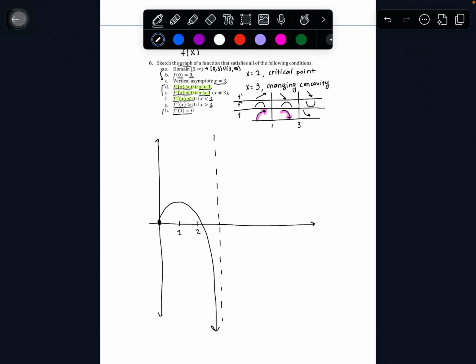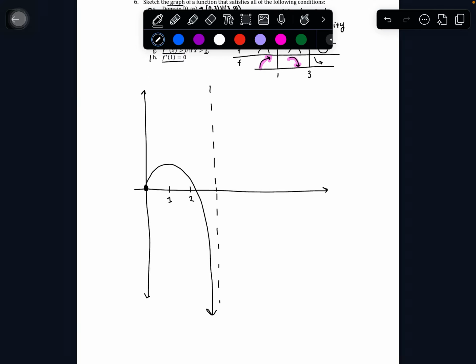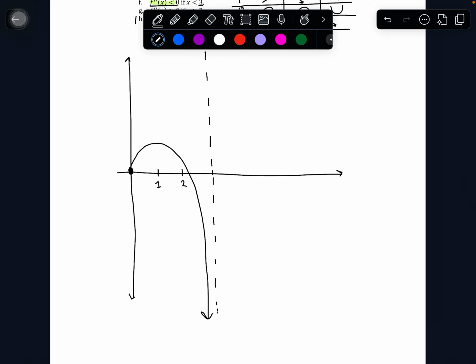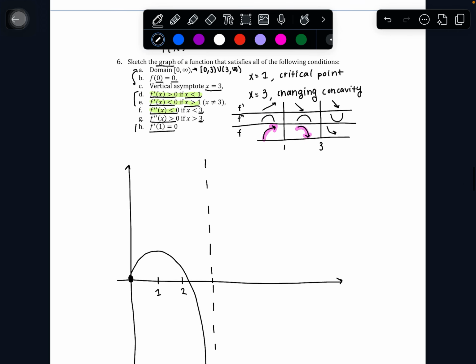We have an asymptote, so the behavior towards x equals 3 is expected to just follow that asymptote. So there we go.